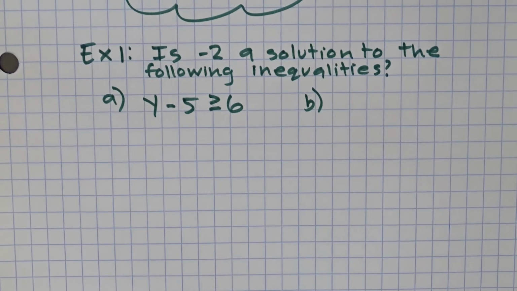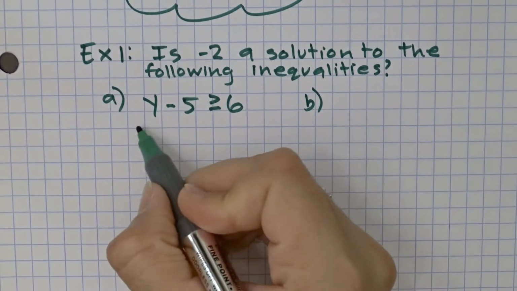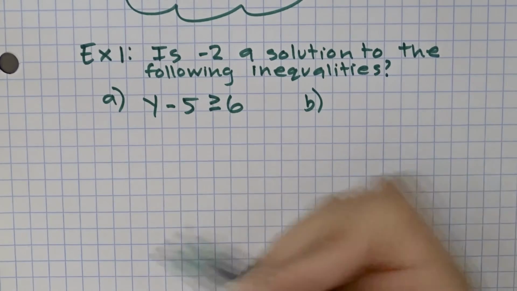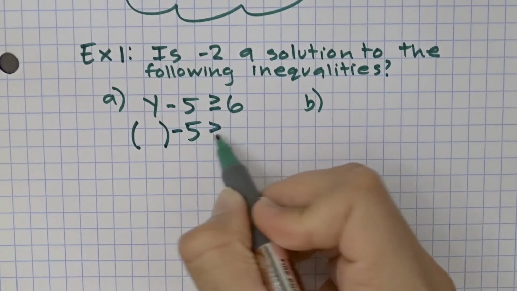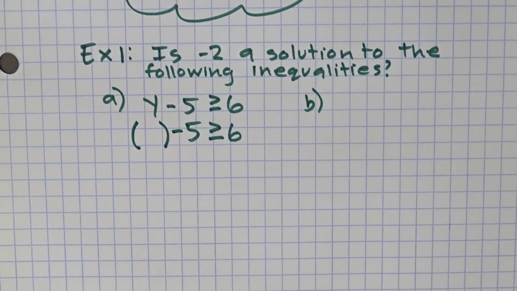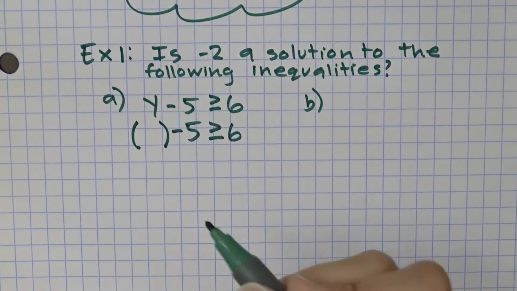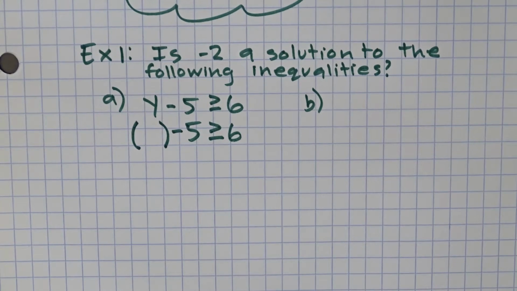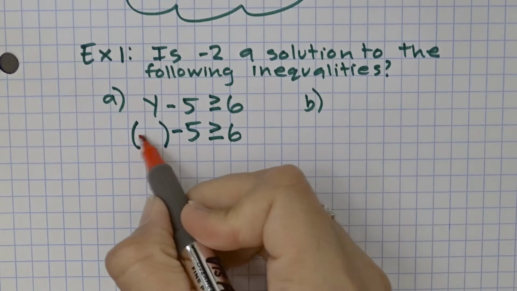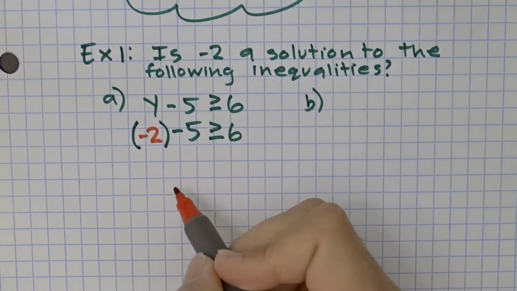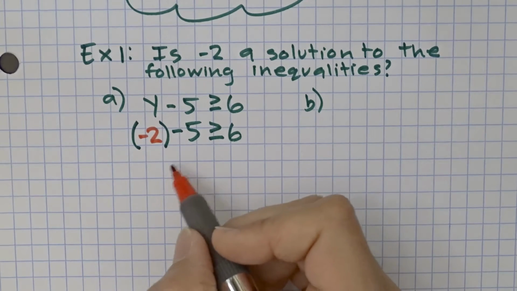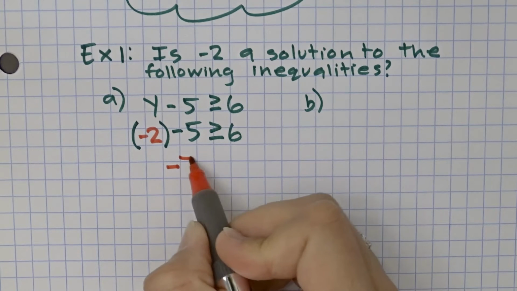What I like to do is what I like to call plug-in bubbles. And anytime I'm going to plug in, whether it be inequalities or an equation later, I always draw a set of parentheses. Common practice so you just don't confuse negatives anywhere else. And then what you do is you plug in the value that you're going to be checking into this bubble that replaces the y. And then we do the math. -2 and a -5, or -2 minus 5 combined, gives you -7.